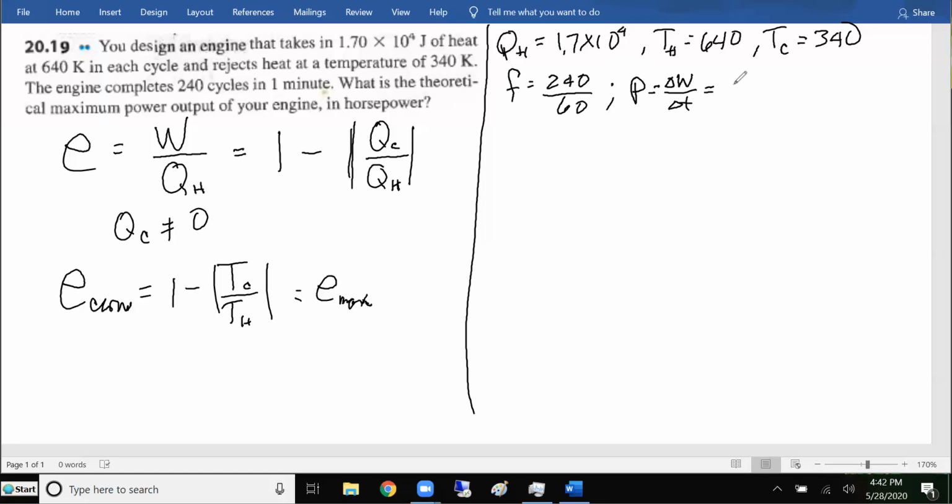We can write that in terms of the frequency. For that work, I'll just write W, so W times F. So the power max will be W max, the maximum work done in that amount of time, given by the frequency.